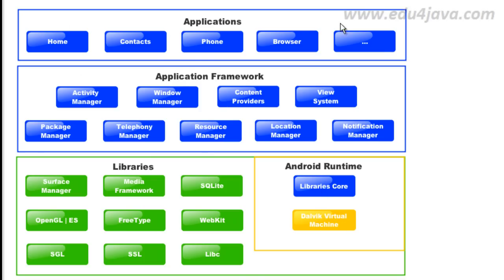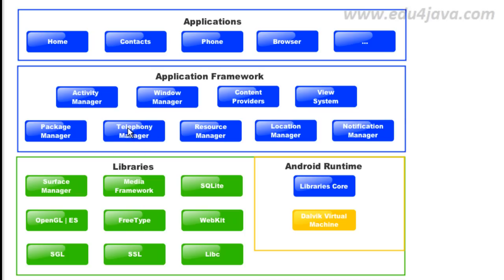All we have here in blue is Java. These are libraries to access different services, called the application framework, and they give us the API to interact with the activities that we learned. The window manager is the one that lets us work with the widgets, the components, and everything.